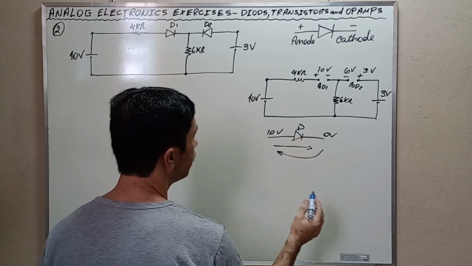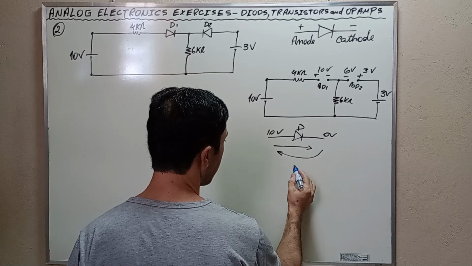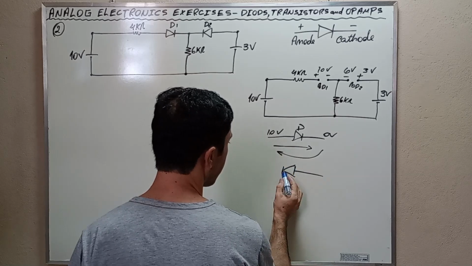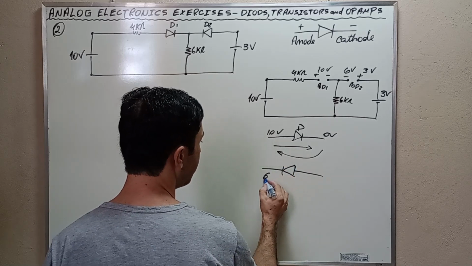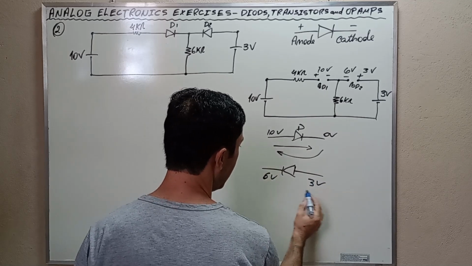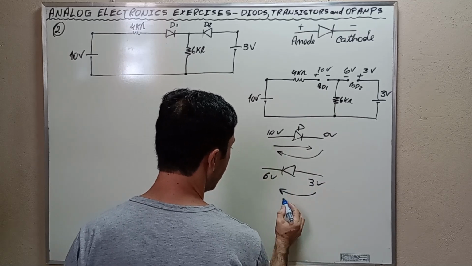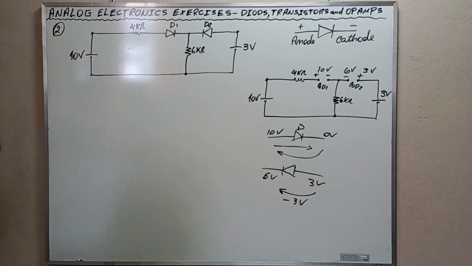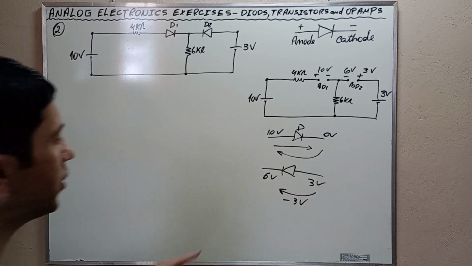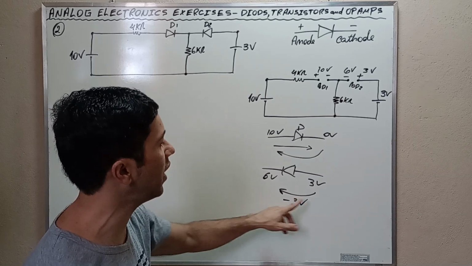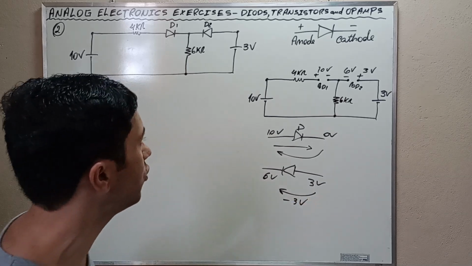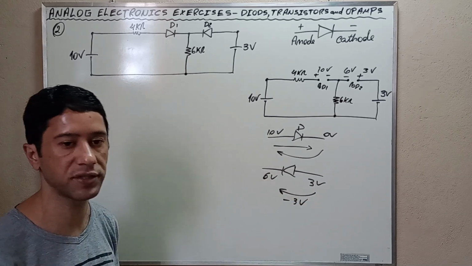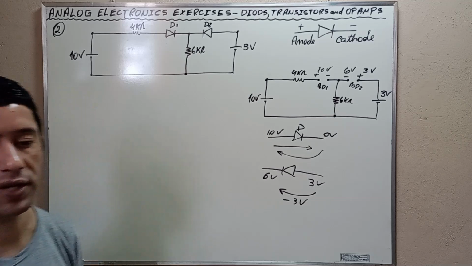For the case of D2, this is 6 and this is 3, and the voltage here is negative 3 volts, and thus D2 is off as we previously assumed. D2 is off because its cathode is higher in potential than its anode, and this is all for exercise 2. Let's go to exercise 3.